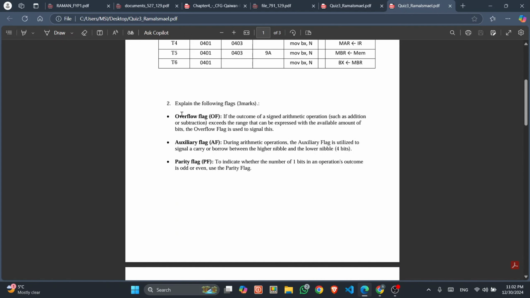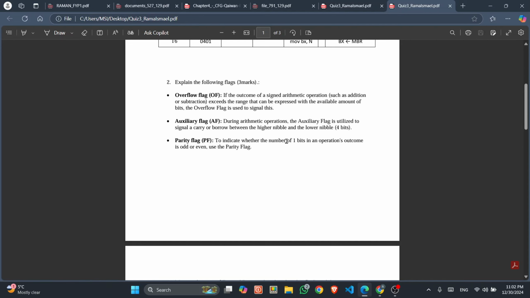And we have three different types of flags. The overflow flag is for addition or subtraction; it could be one of them, and the result exceeds the range that can be expressed with the available number of bits. We have a parity flag, which indicates whether the number of one bits in the operation outcome is odd or even.